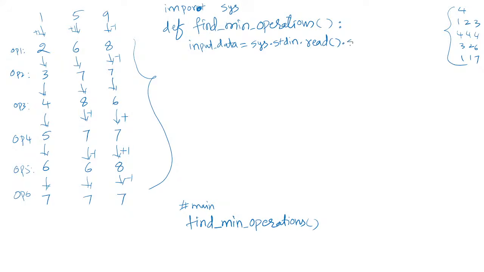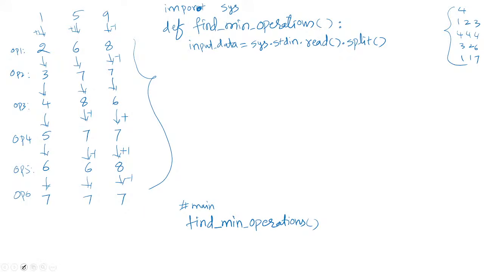Then you can split this entire input. It reads the entire input as a single string, 4 1 2 3 as a single string, then the split function splits this into individual strings and returns a list.